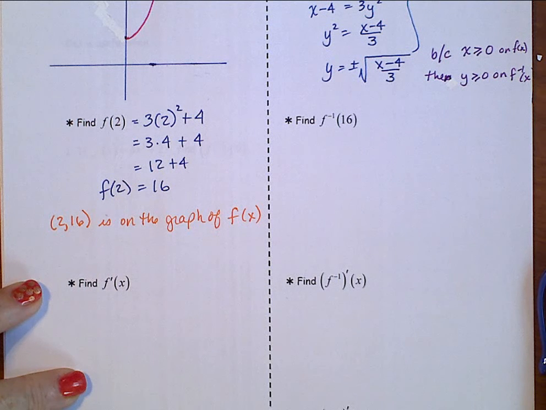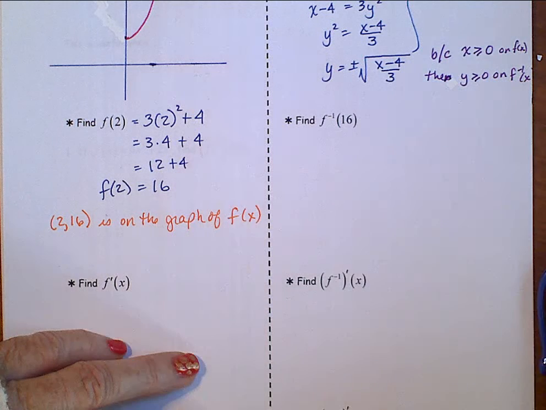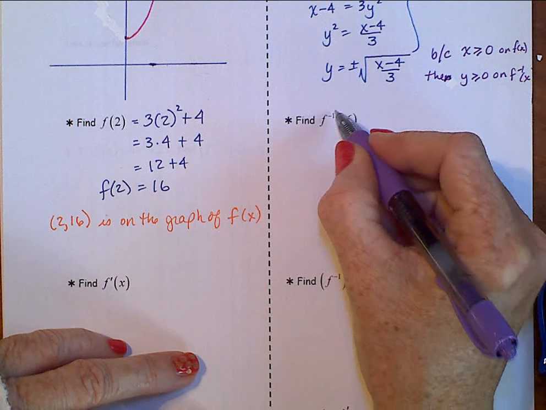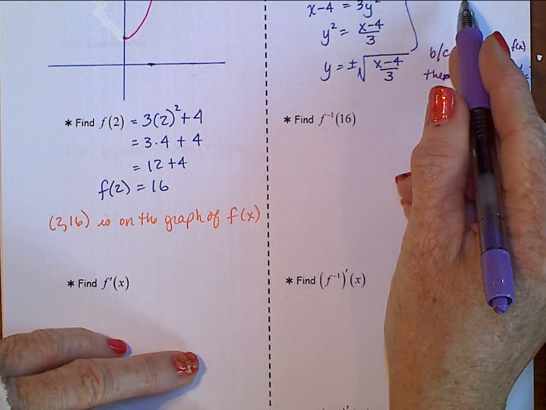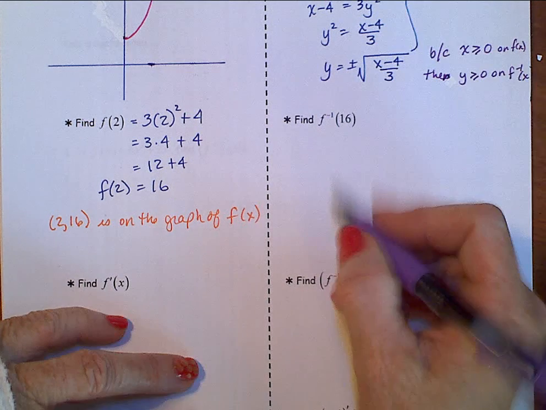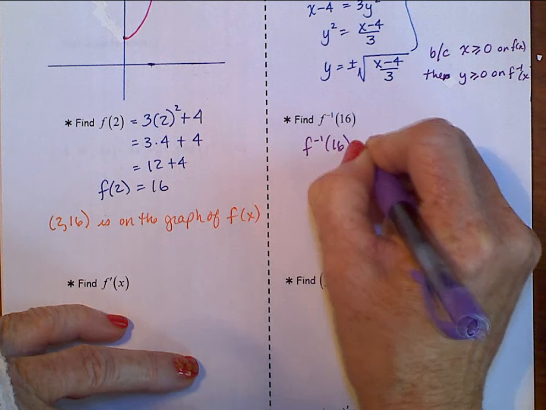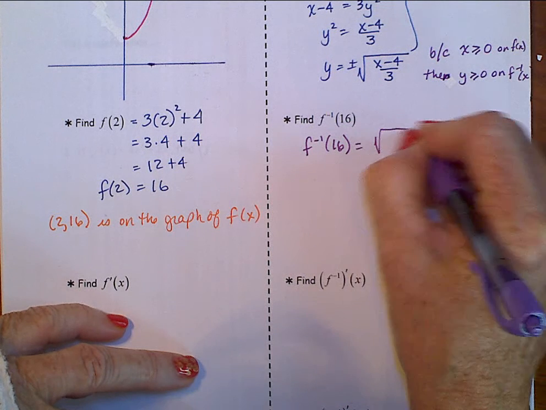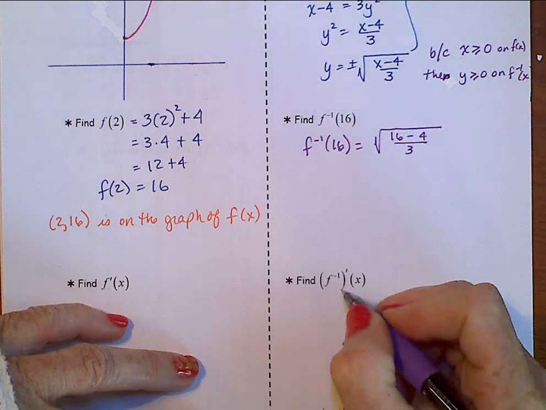Okay, now come back over here to this inverse one, and let's find f inverse of 16. So we're going to evaluate the inverse function at 16. That's the square root of 16 minus 4 all over 3.